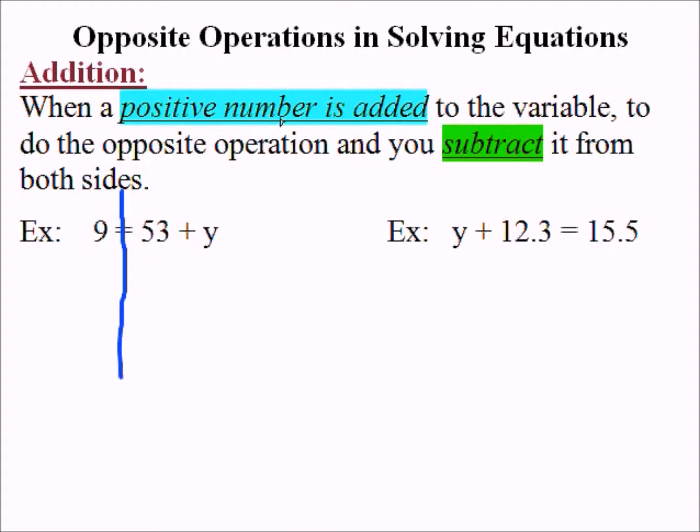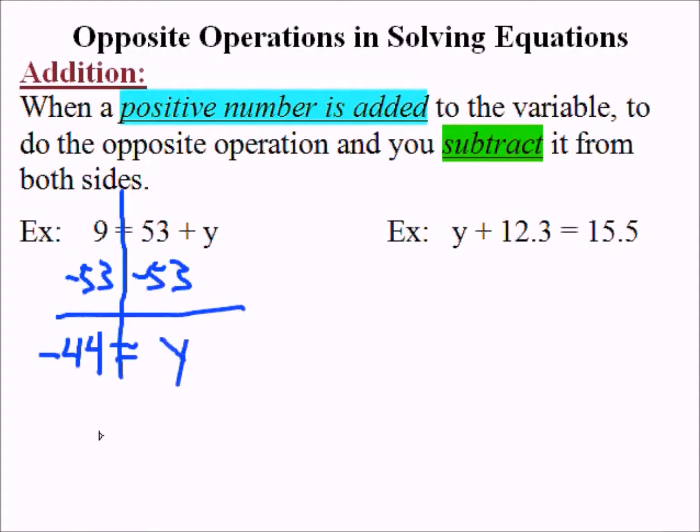Notice a positive number is added to the variable. To do the opposite operation, remember that's our second rule of the game, we have to subtract it from both sides. So I'm going to subtract 53 from both sides of the equation. 9 minus 53 is negative 44 equals y.